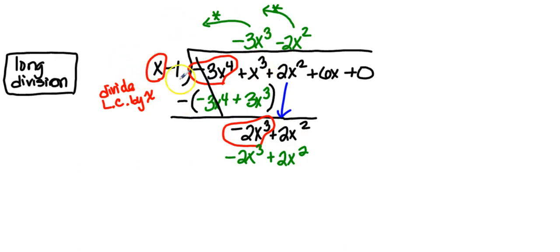Nothing else to multiply through. I just have these two terms to multiply it by. So I put parentheses, minus, draw the line. Minus minus is a plus. Negative 2x cubed plus 2x cubed is gone. That's 0. 2x squared minus 2x squared, that is also 0.